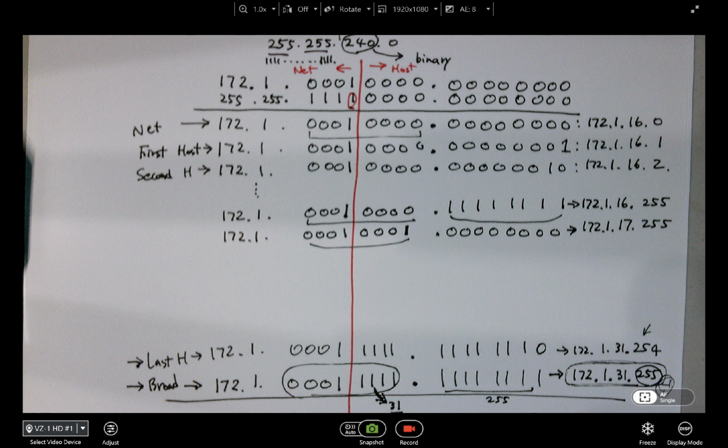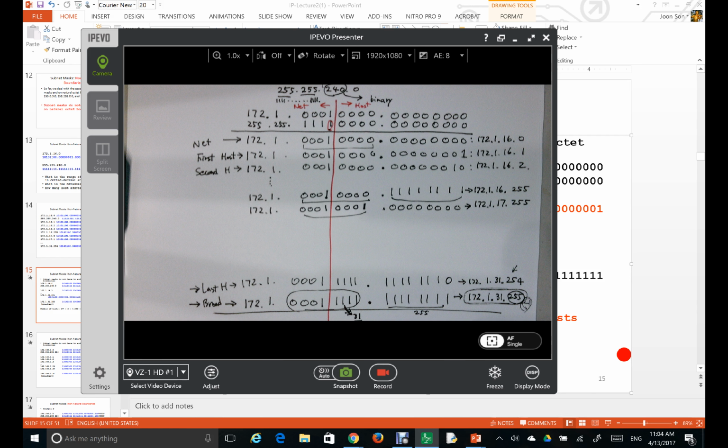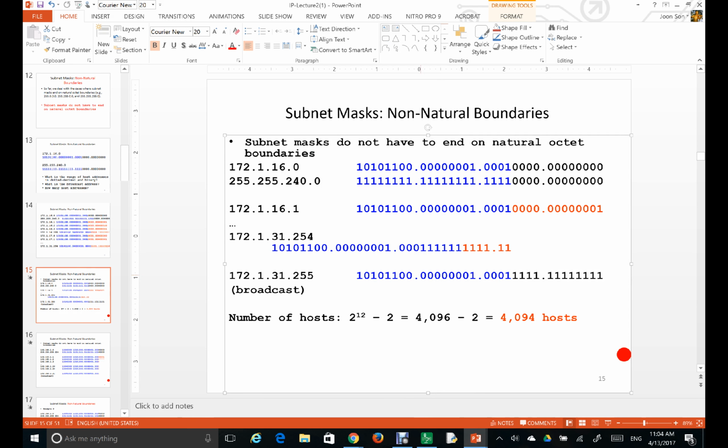Finally, let's just find out the number of usable host IP addresses.